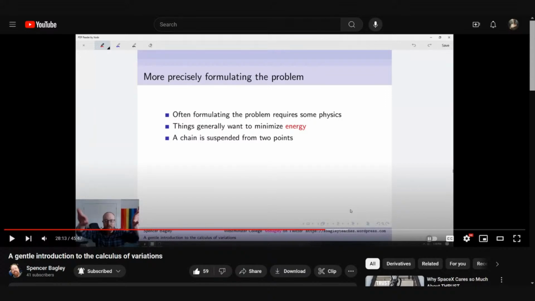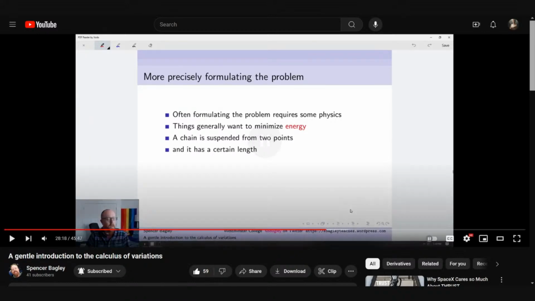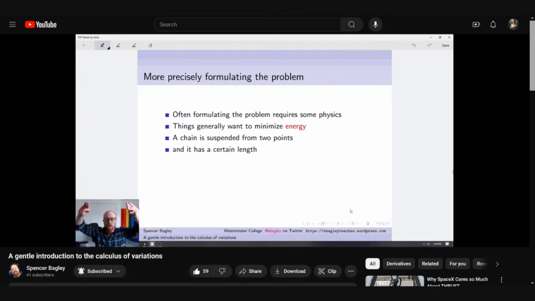The ball wants to roll down the hill, but it's constrained by the shape of the hill, so it can't go to infinite depth. It wants to hang in a way that minimizes the gravitational potential energy. There's also the length of the chain that we have to think about, right? If I have a longer chain, it's going to go like, woo, as opposed to a shorter chain.